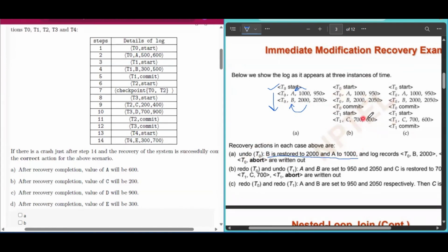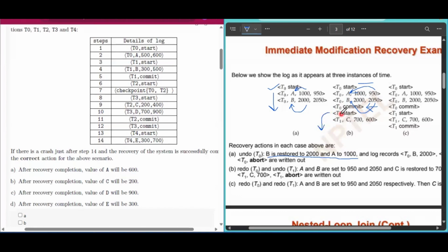Now if we notice example B, then T0 is started, right? And T0 is also committed. That means T0 ended. So in this case, V2 value will be stored to A, because if a transaction is started and it is also ended or committed, then we have to do redo operation. And for redo operation, this V2 value will be stored to X. That means 950 will be stored to A and 2050 will be stored to B. But here you can see that T1 is started but T1 is not ended.